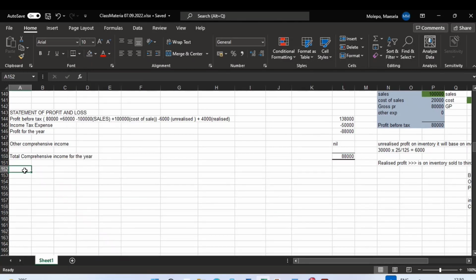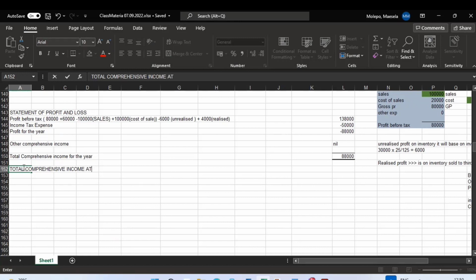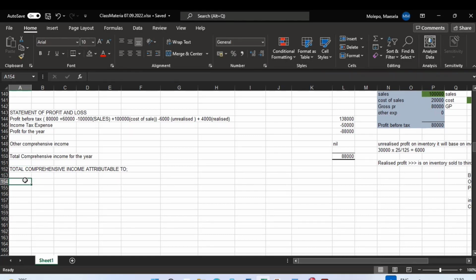Then we have total comprehensive income attributable to owners of the parent.